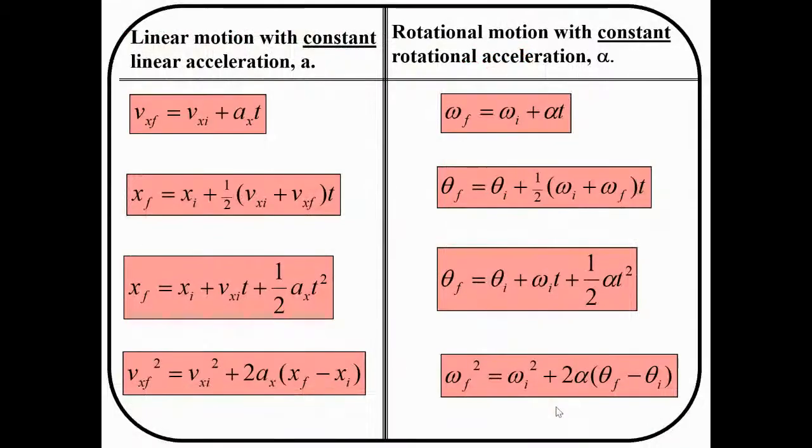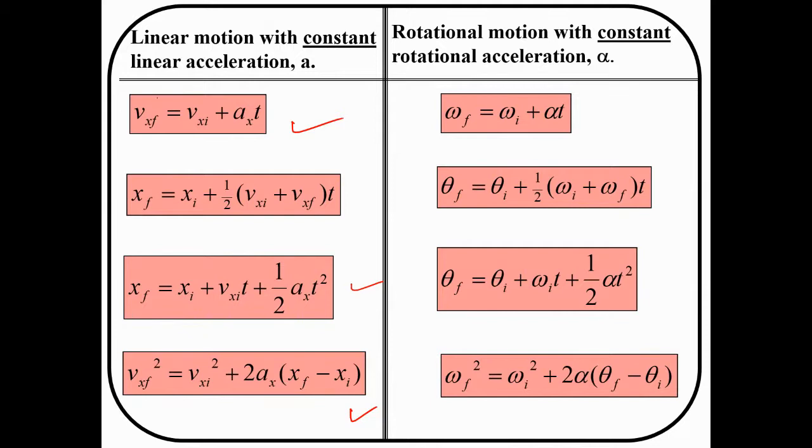Okay, now let's come to the 5 equations. We already studied these 5 equations, but I think one equation is missing here. These 3 equations are very important: first equation, second equation, third equation. You can see this is our equation in linear motion, and this is the equation for angular, that is rotational motion.